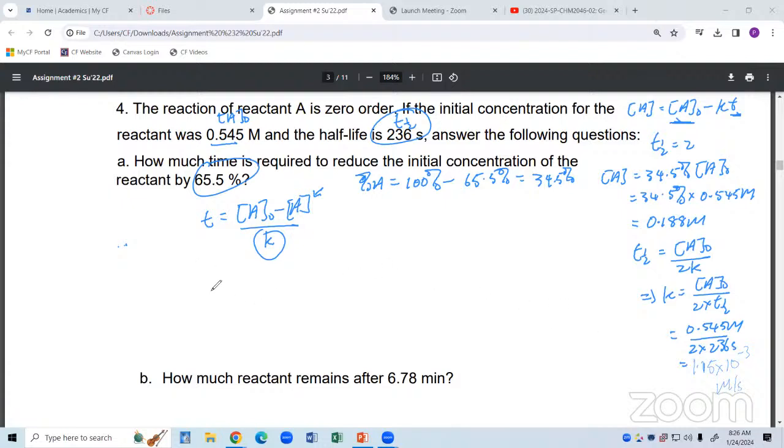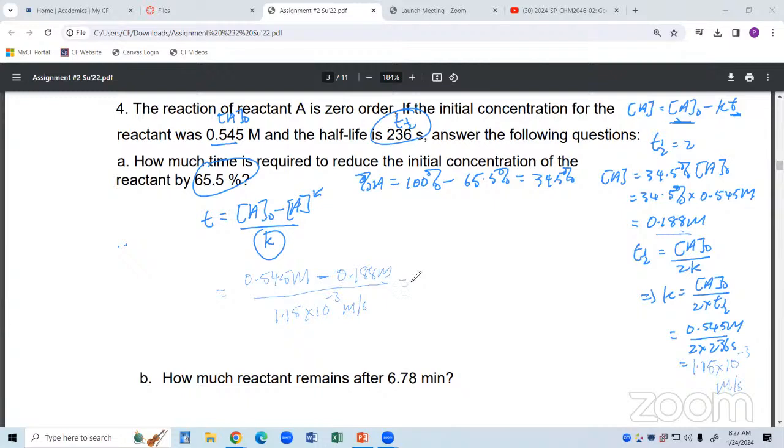All right, so we have all the things now we need to calculate t. We have the initial concentration, which is 0.545 M, minus the concentration at time t, which is 0.188 M, divided by k, which is 1.15 times 10 to the minus 3 M over s.